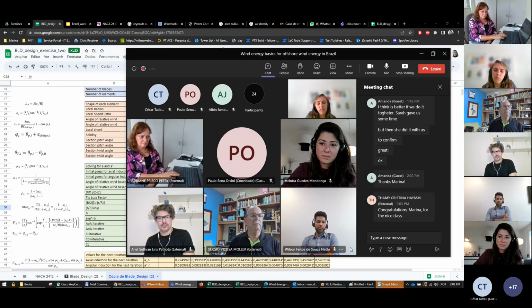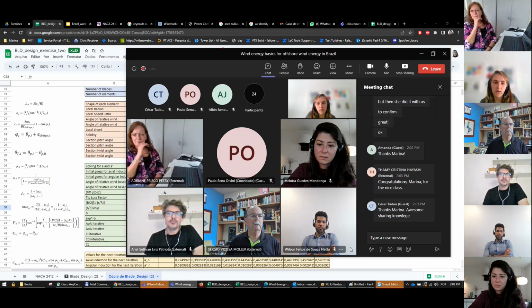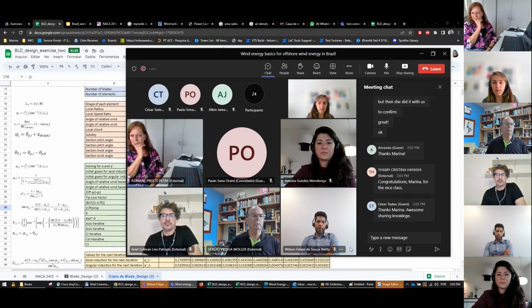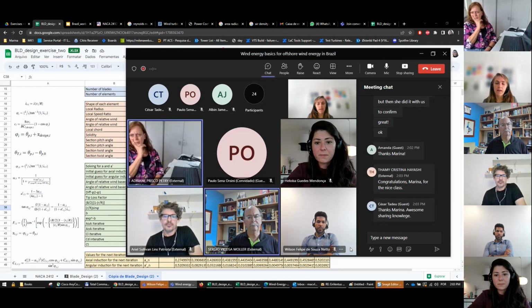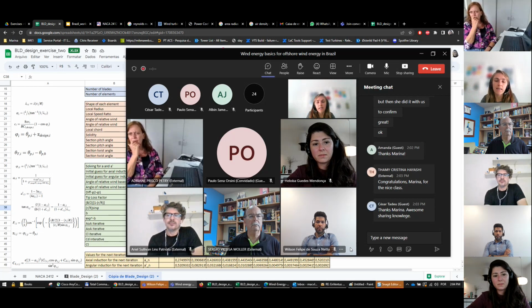I think you would have to consider the wind speed distribution, so the probability of the different wind speeds. Also the wind rose, because one section is more interesting than the other.